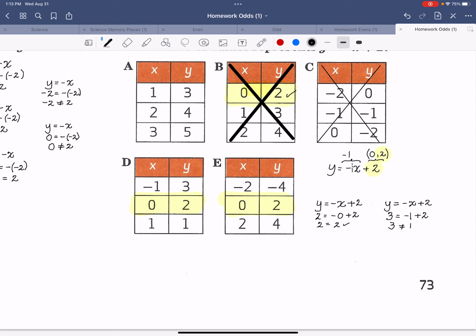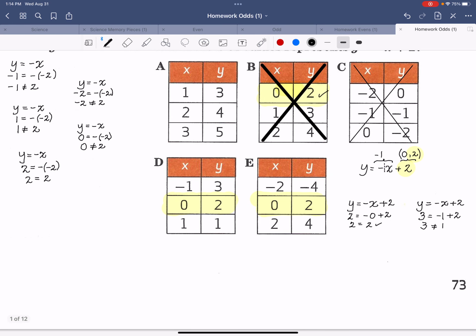Now, I've already tested 0, 2. We know that works. So with D, let's check the other points and see what happens. So we have our equation. And we're substituting 3 equals negative 1 plus 2.